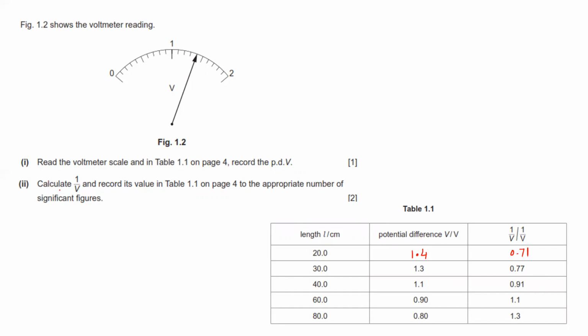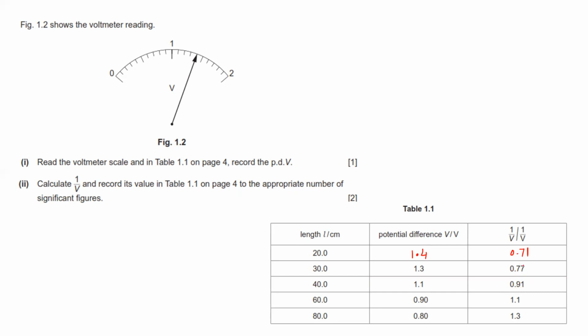Then part 2, calculate 1 by V and record its value in table 1.1 to an appropriate number of significant figures. Looking at the other readings documented in the table, we can easily see that all the recorded values are given to two significant figures.